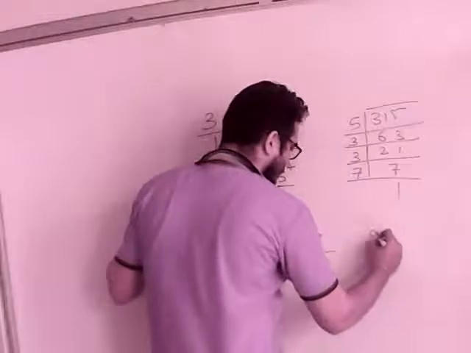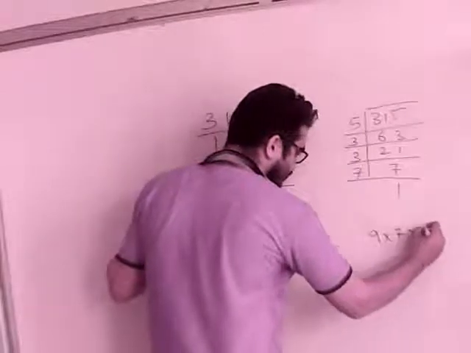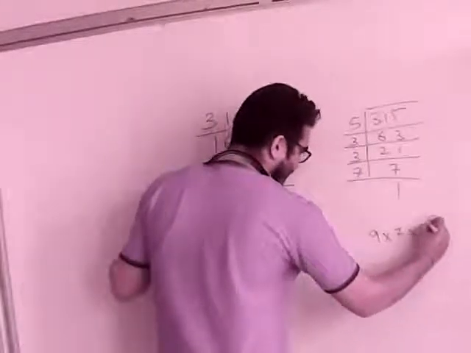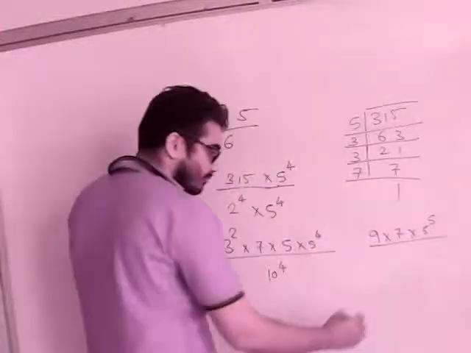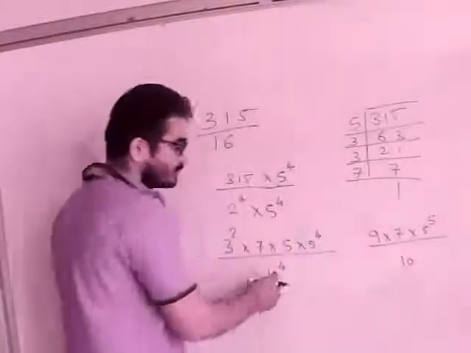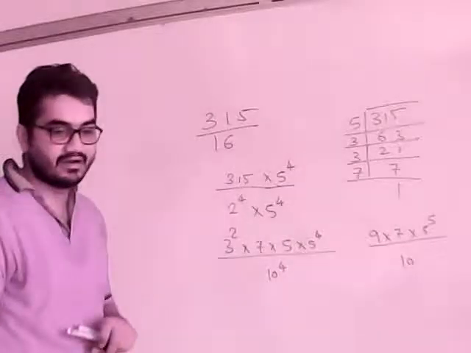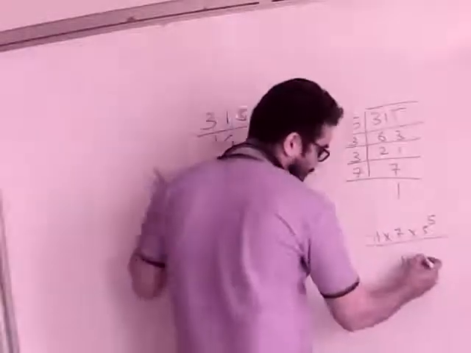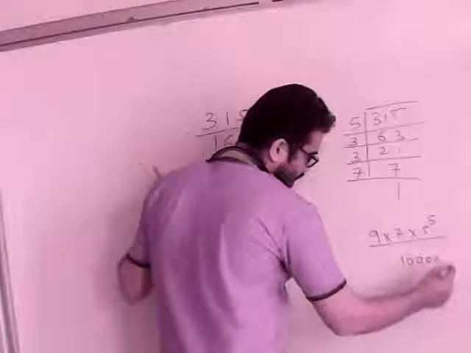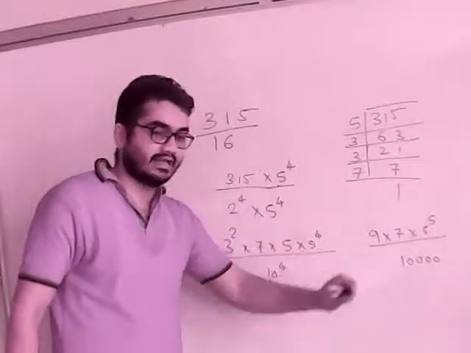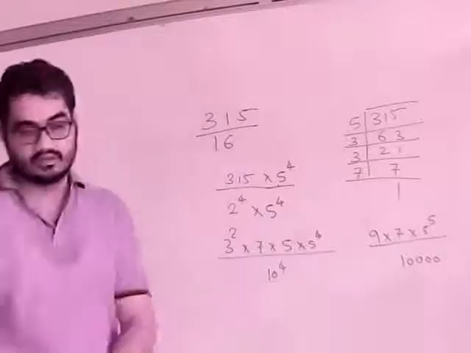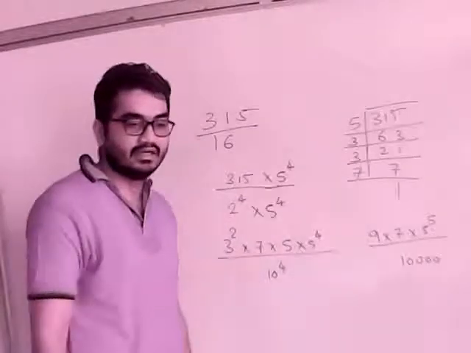So 9 into 7 into 5 raised to 5 upon 10 raised to 4, so that will be 10 के बाद 4 0. So ones, tens, hundreds, thousands, 10,000s. 10 cube होता है तो 1000, 10 raised to 4, so that will be 10,000.